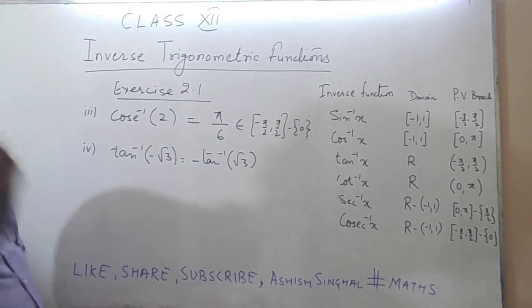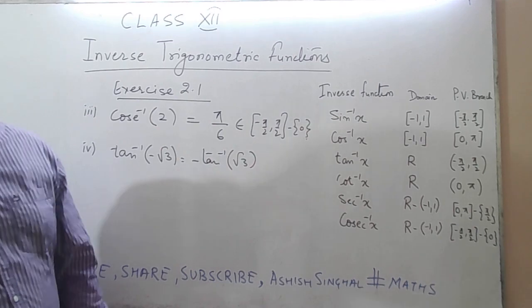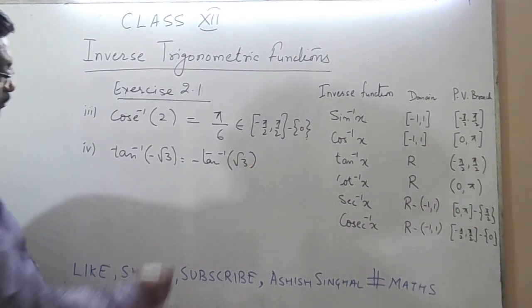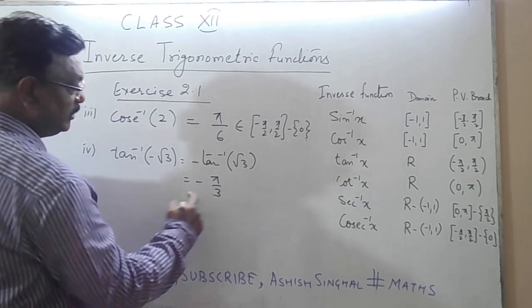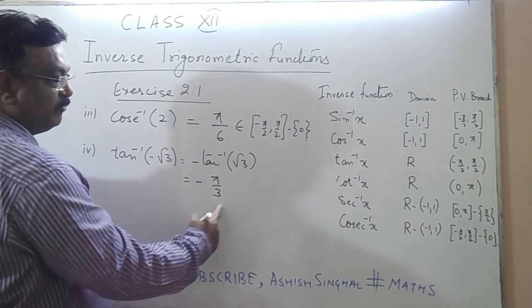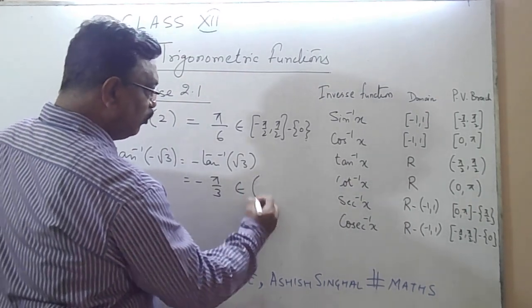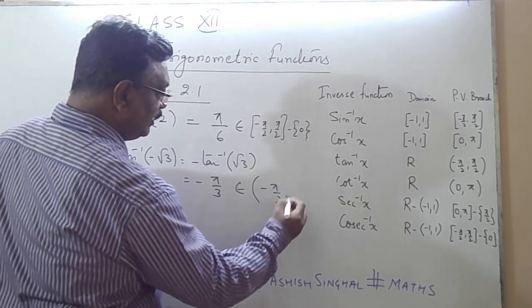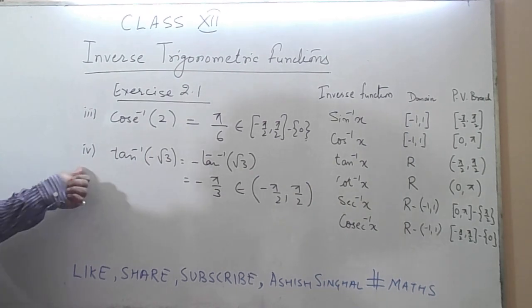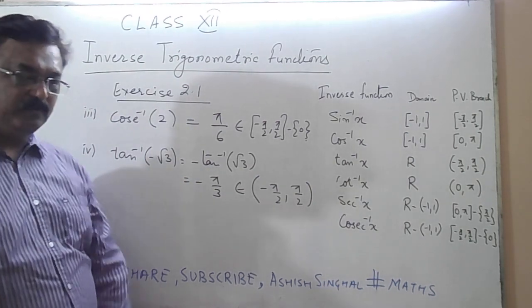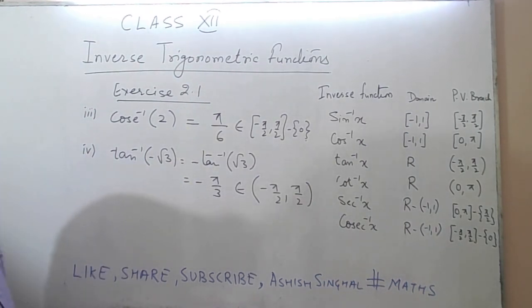Now what is the value for tan inverse root 3? The value for tan inverse root 3 is pi by 3. So minus pi by 3, which again belongs to the open interval minus pi by 2 comma pi by 2. So this is the principal value of tan inverse minus root 3.